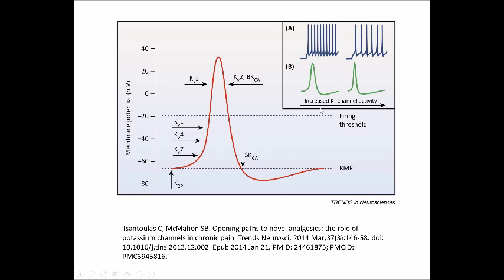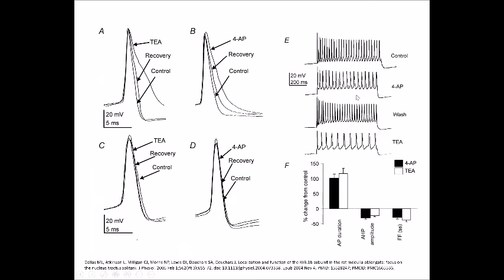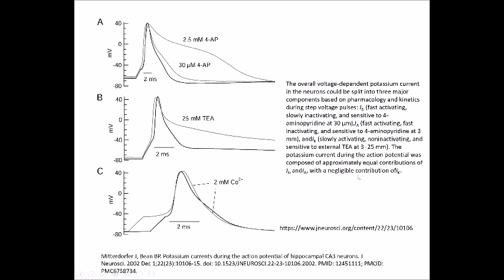This one is saying increased potassium channel activity of this one that keeps it hyperpolarized for a longer period of time would not allow it to be as active. So you get the idea. It really is not so generalized. One has to speak specifically about the particular type of potassium channel one's referring to when we're talking about changing the firing frequency of the neuron and how it impacts that.